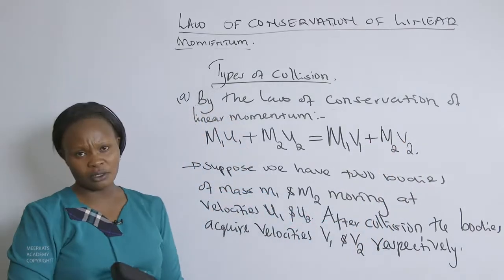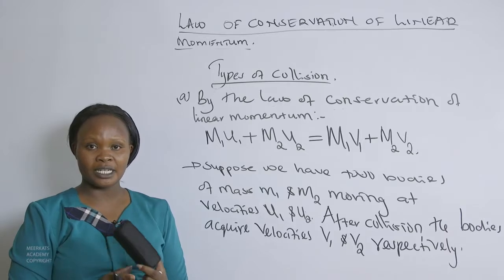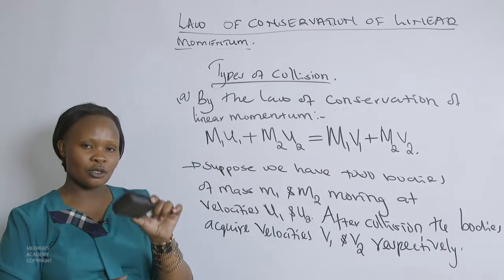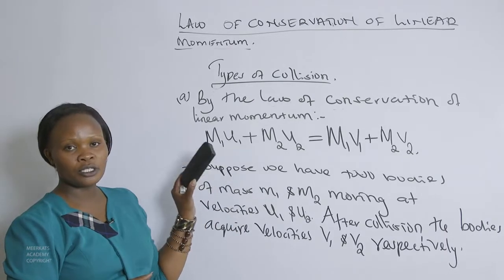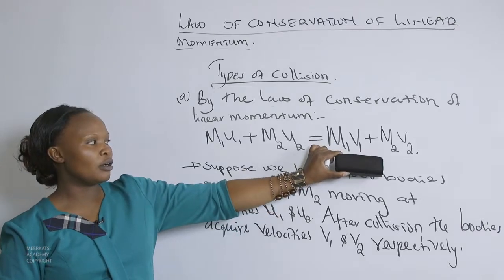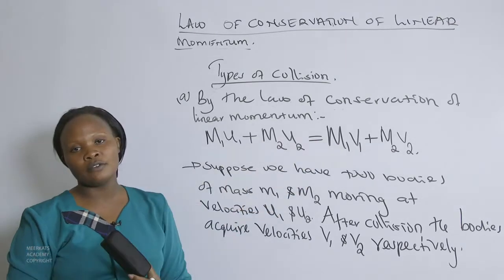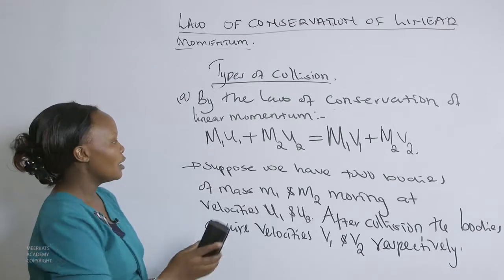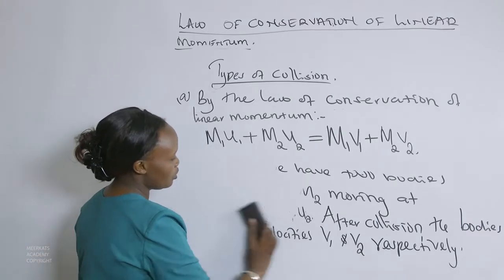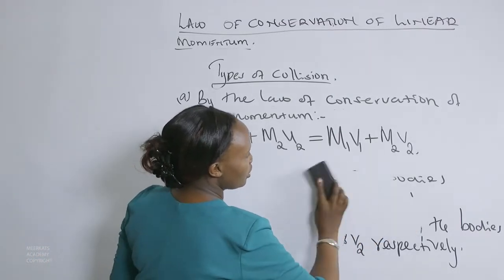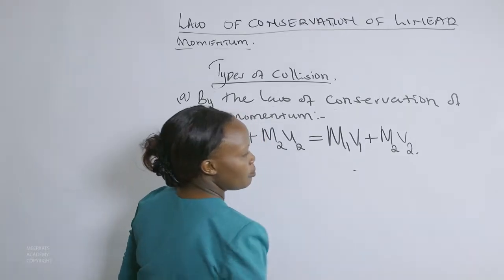So by the law of conservation of linear momentum, the total before collision should be equal to the total after the collision. That one is what we call the law of conservation of linear momentum.